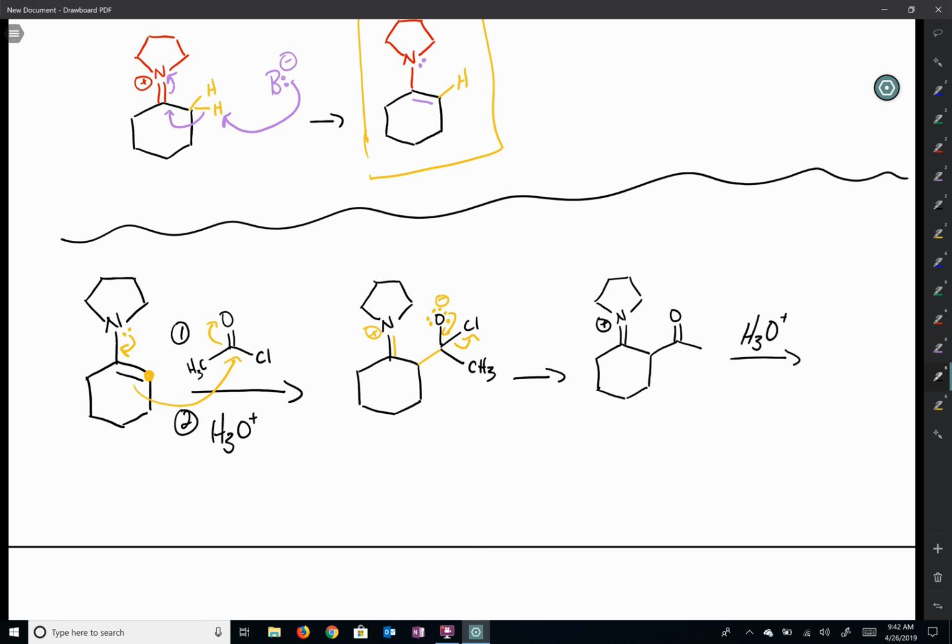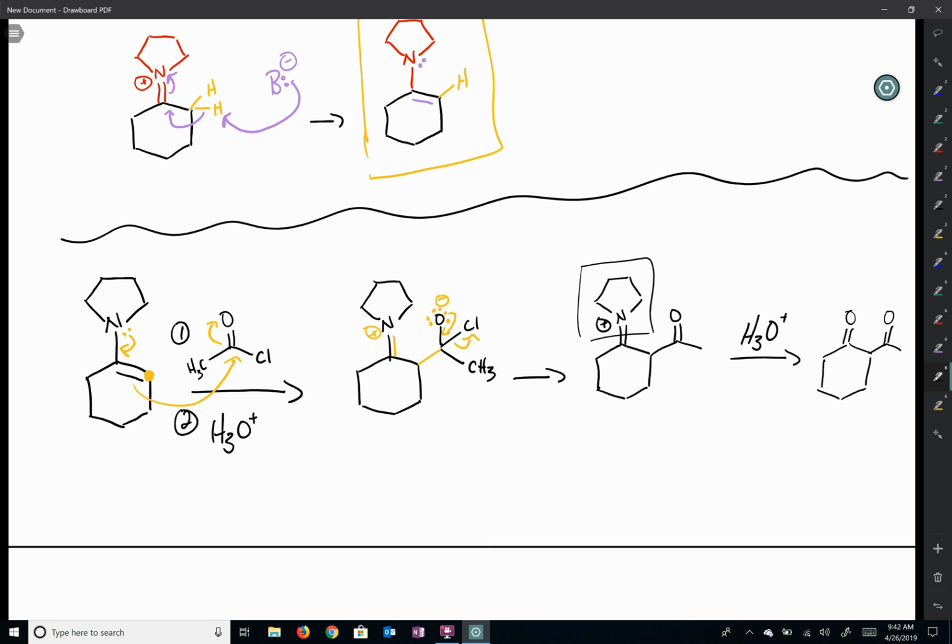And what the H3O+ is going to do is basically convert this guy here back into our ketone. Fantastic. Now we've got a ketone next door to a ketone. That's pretty useful to do too, right? So we can continue to react some alpha carbons in this case, or do whatever we want to, and continue on with our synthesis.